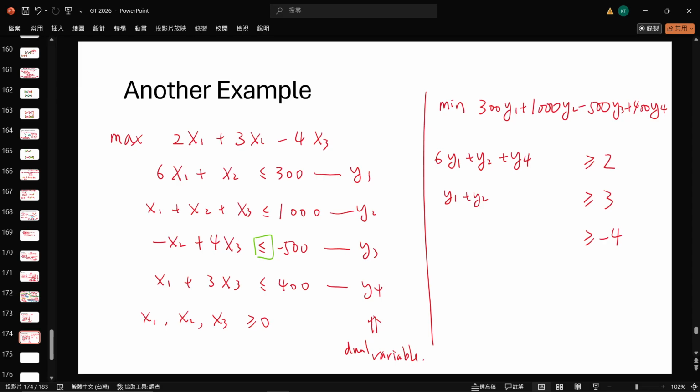And from the third constraint, you get y3 times -1, so it's minus y3. The last constraint does not involve x2. So the coefficient of x2 is just y1 plus y2 minus y3.